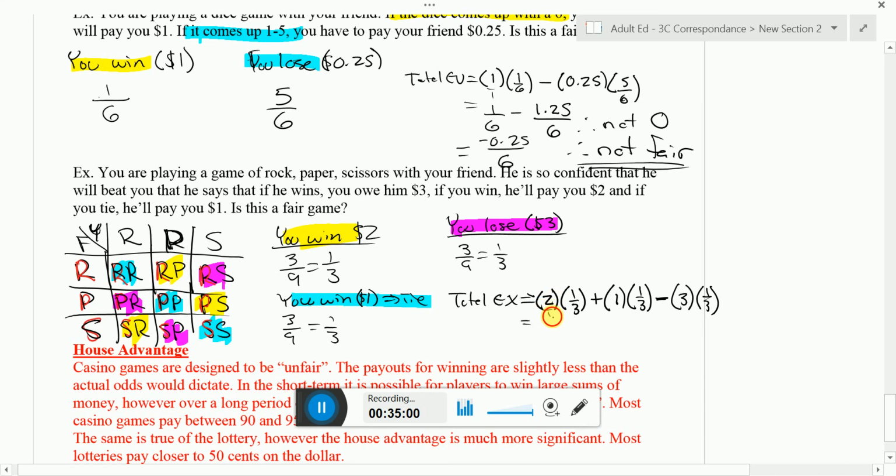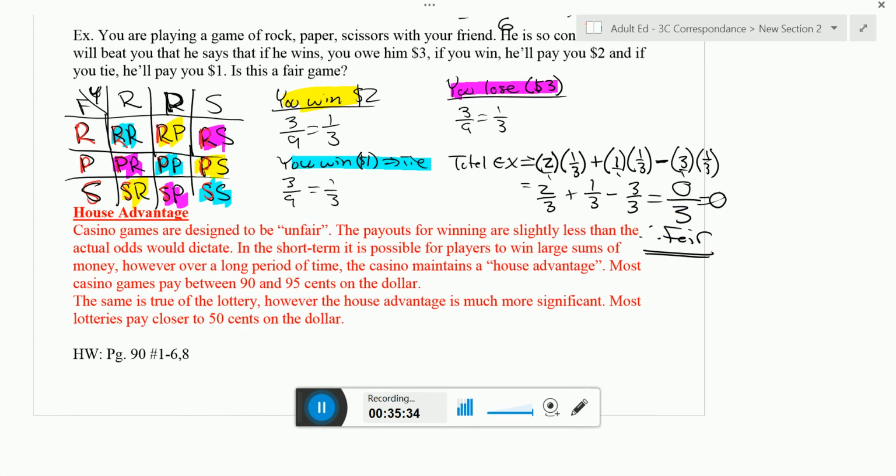This gives us, if we make all of those whole numbers over 1, 2 times 1 is 2 over 3, plus 1 times 1 is 1 over 3, minus 3 times 1 is 3 over 3. Because the bottoms are the same, the bottom stays 3, and we just add or subtract the tops. 2 plus 1 is 3, minus 3 gives us 0. 0 out of 3 is 0, and because it's 0, it is a fair game.